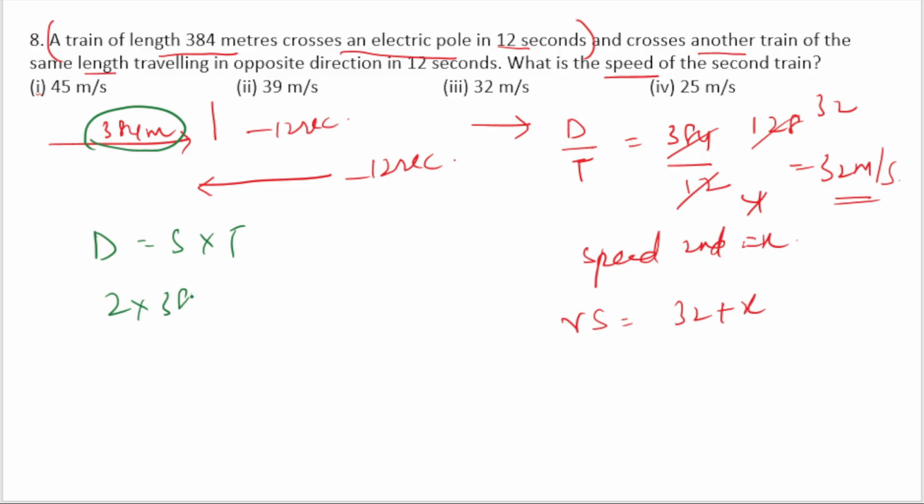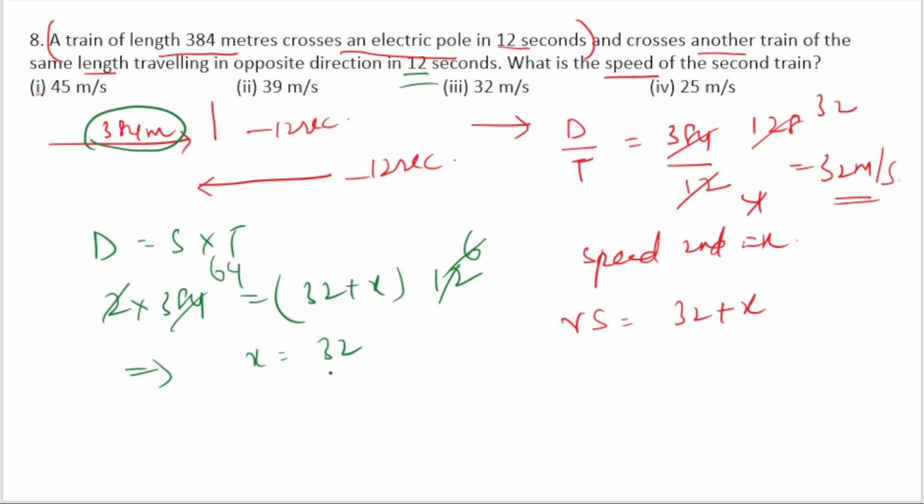It is 2 into 384 is equal to relative speed 32 plus x into time taken, 12 seconds. Okay. So here we have 2 into 6 and again 6 into 6, 4. So 64 is equal to 32 plus x. x is equal to 32. So the speed of the second train is also 32 meters per second.